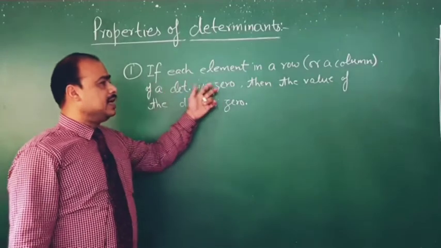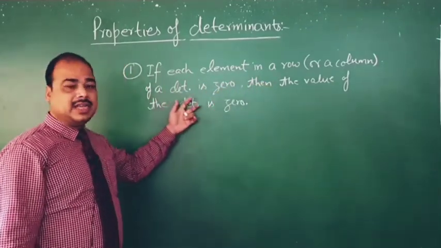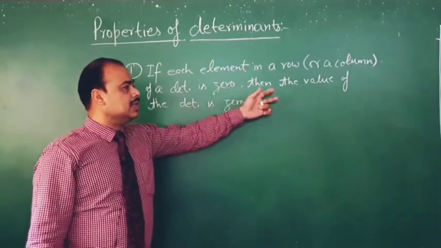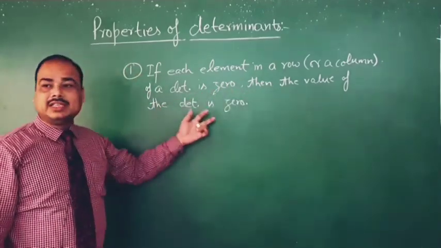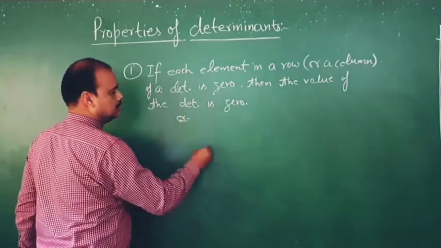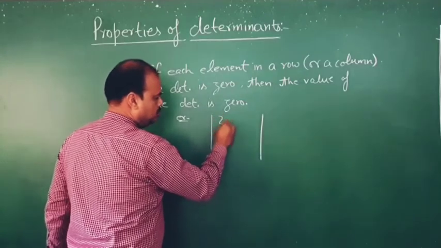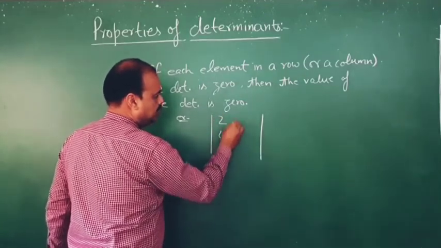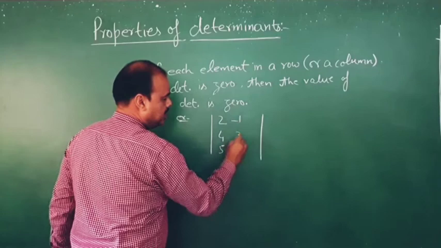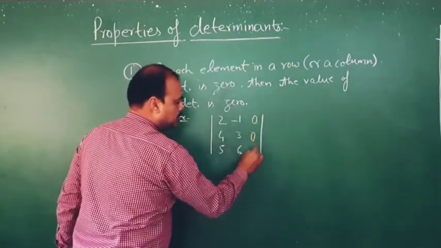If each element in a row or a column of a determinant is 0, then the value of the determinant is 0. For example, 2, 4, 5, -1, 3, 6, 0, 0, 0.